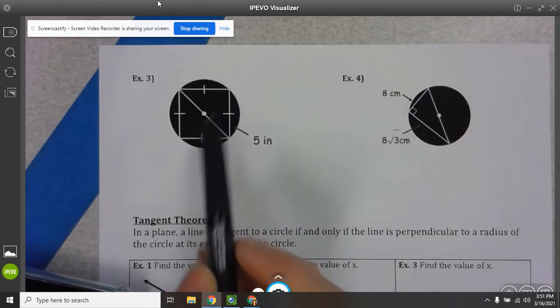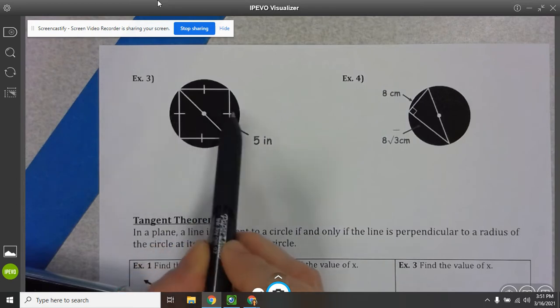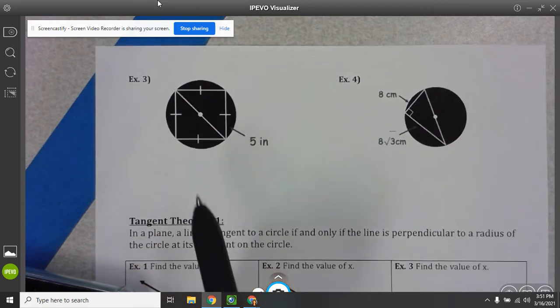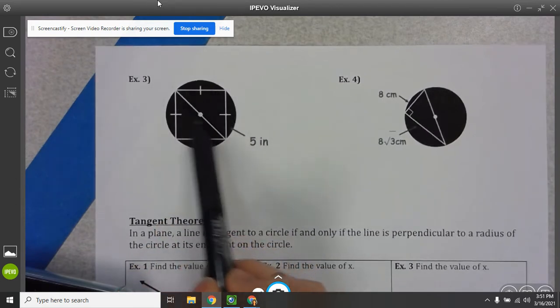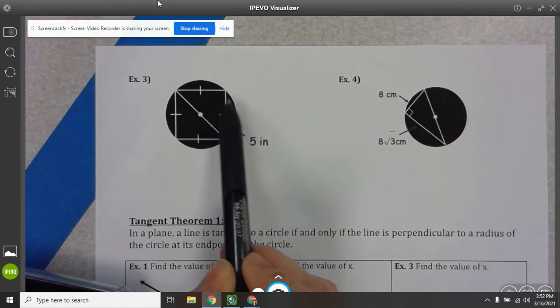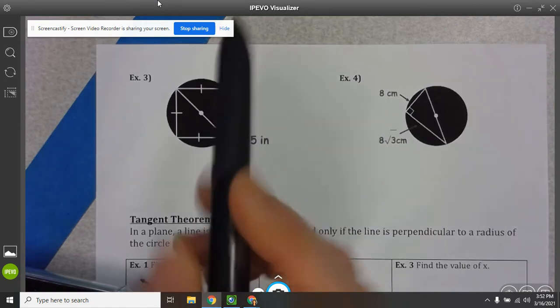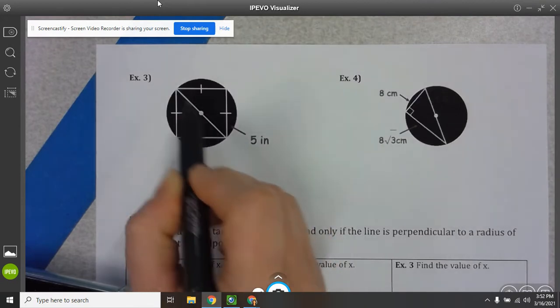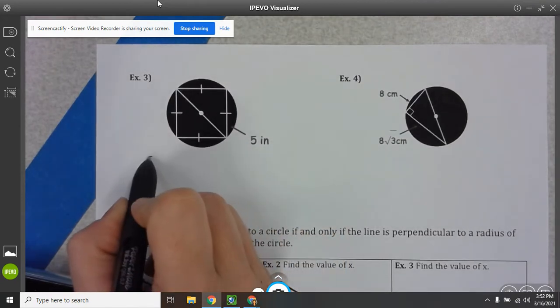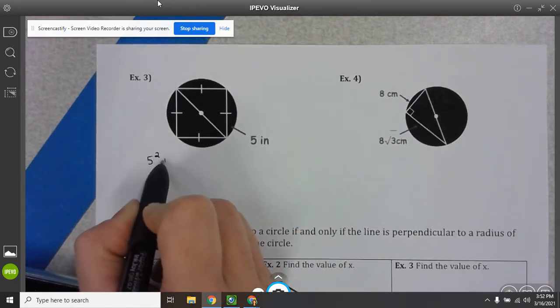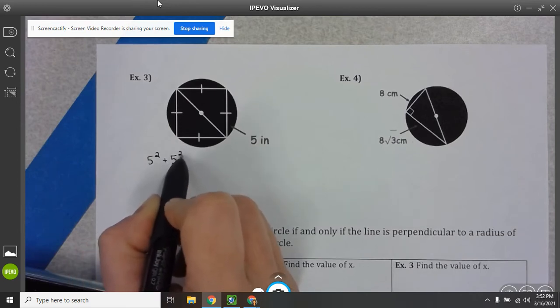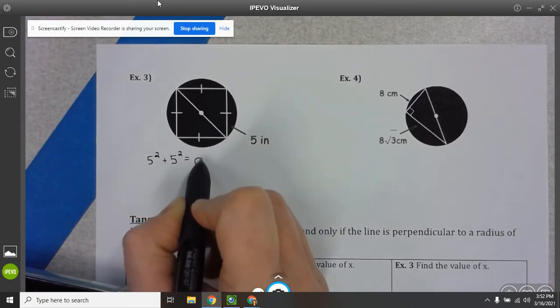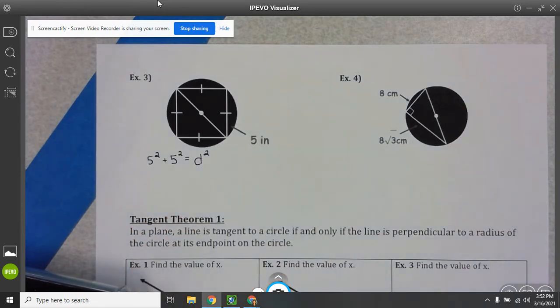So here, this is a square. All of my sides are equal. So that tells me that this is a right angle here. So in order to find this diameter, I'm going to do 5 squared plus 5 squared equals, and I'm going to use d for diameter.